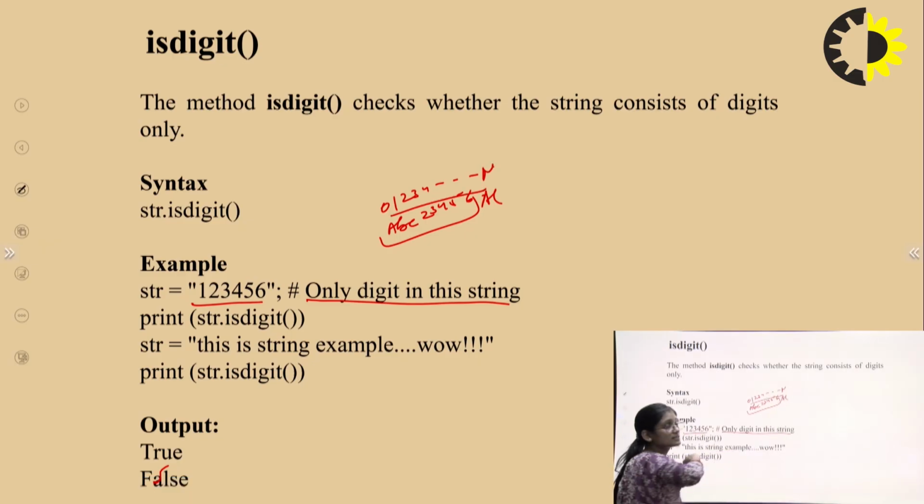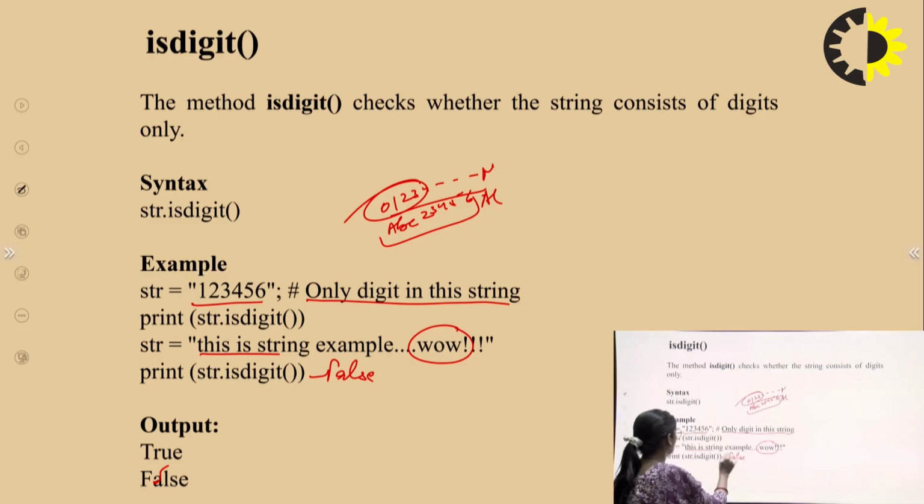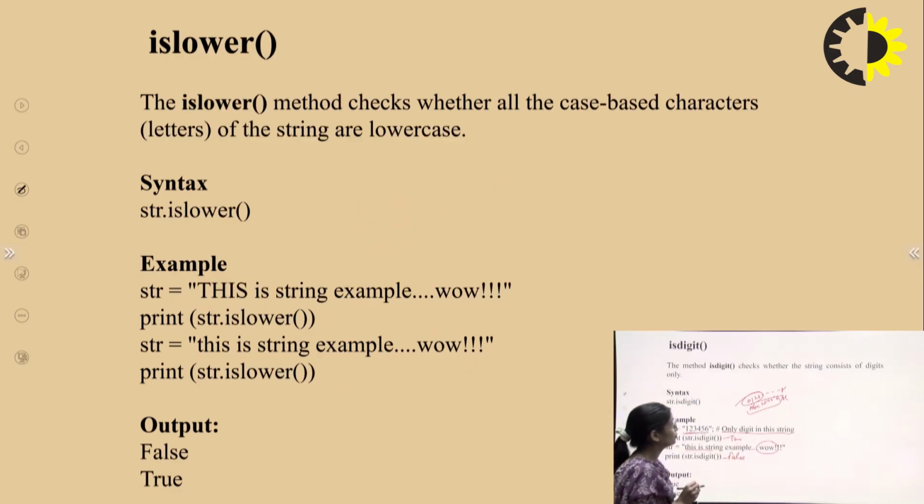So isdigit only contains numeric values. If we are getting only digits, 0 to any number, then the output is true, otherwise the output is false. Here only alphabet values are given, that's why the output is false, and where only digits are present, the output is true.